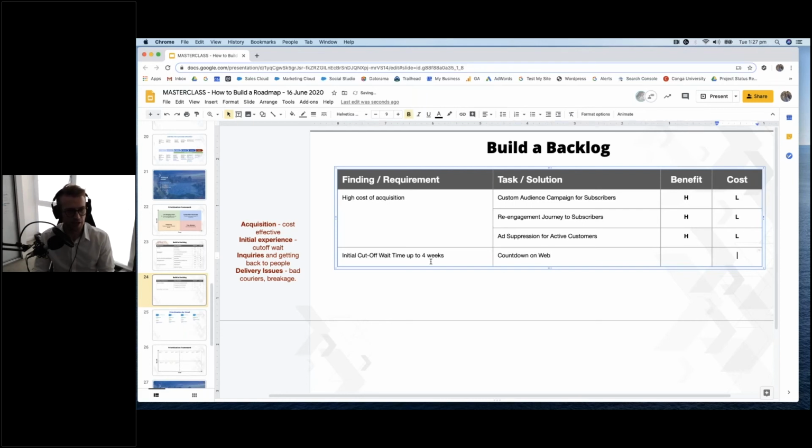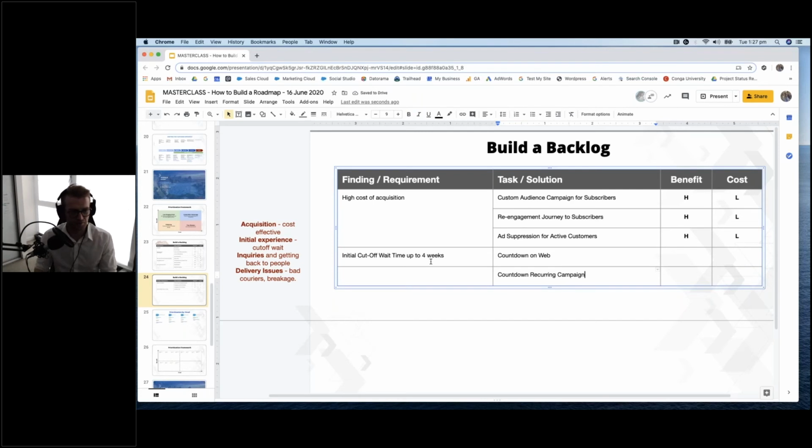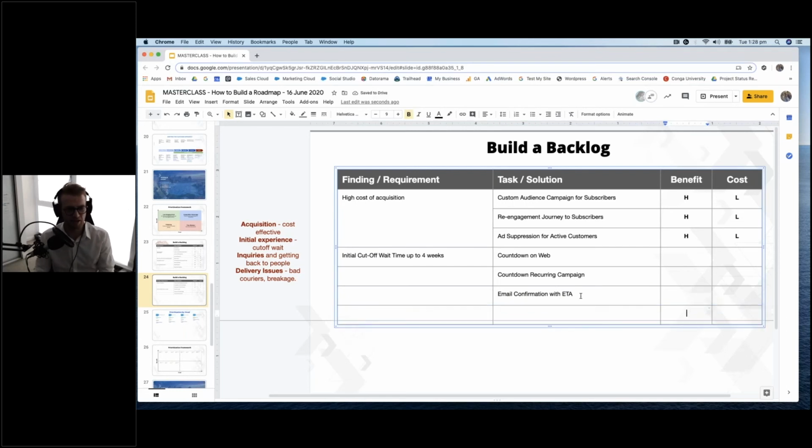I would also do a countdown campaign, a recurring campaign. I would also do an email confirmation upon order completion about the ETA. And then I would also think about an engagement journey while they wait.